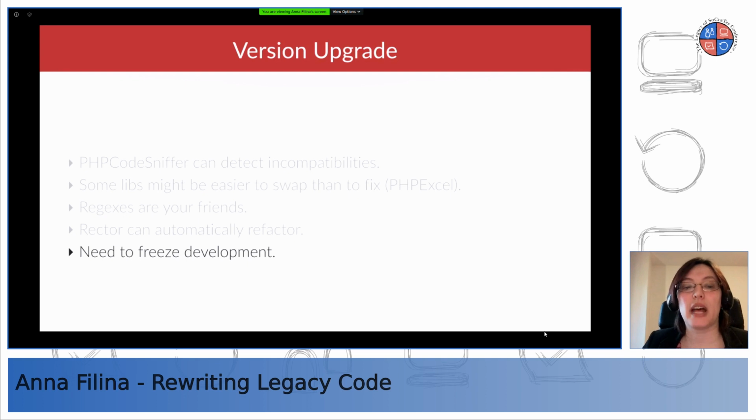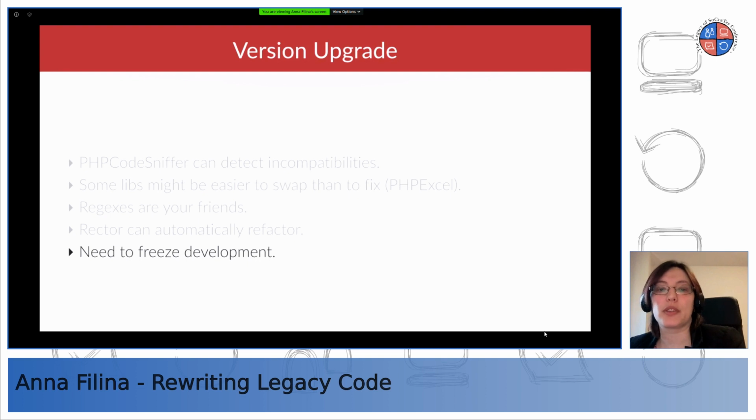So often that involves a development freeze. But luckily, version upgrades don't take too long, and they're usually done on projects that aren't often actively worked on. So often I find that version upgrades are pretty easy to accomplish, at least in my experience.